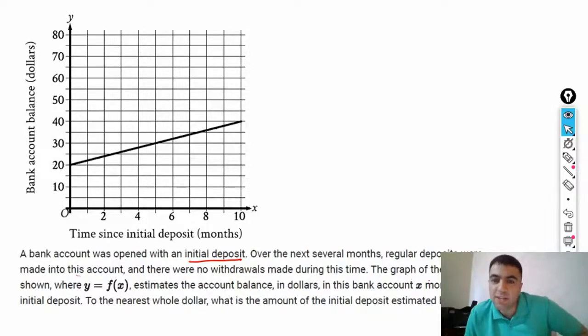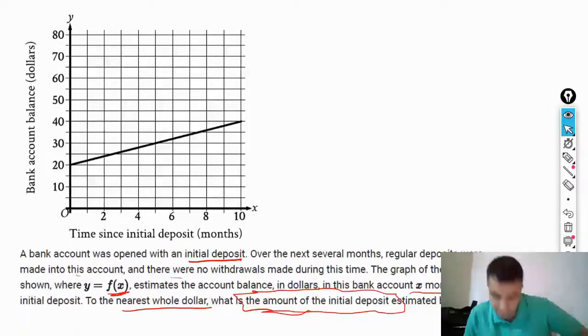The graph of the function f shown, where y is equal to f of x, estimates the account balance in dollars in this bank account x months since the initial deposit. To the nearest whole dollar, what is the amount of the initial deposit estimated by the graph?